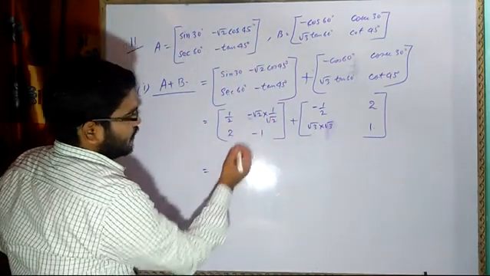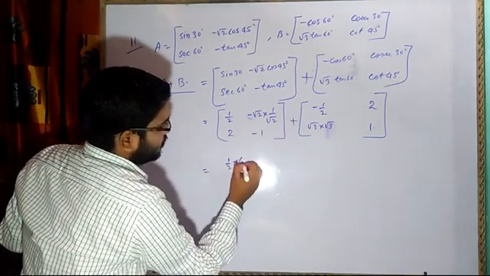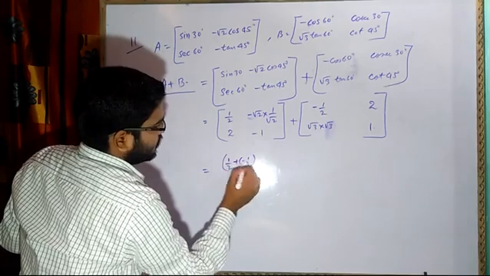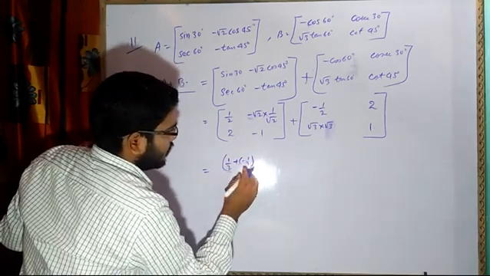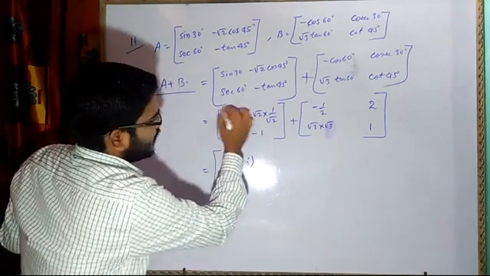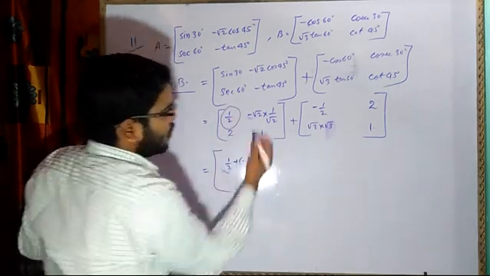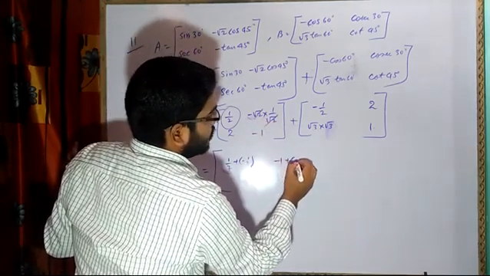Now you simplify, it will be like 1 by 2 plus minus 1 by 2. Here you will get this value. No need of putting this bracket. Simply bring this first element and second element with the addition symbol. Then root 2 cancels, so it will be minus 1 plus 2.